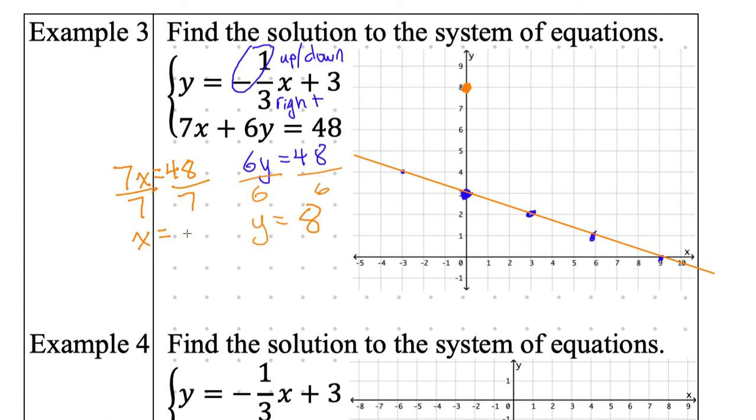Because 7 times 7 is equal to 49, it doesn't go in nicely, so maybe I'll just keep it at 48 sevenths. That's weird. I must have messed up on that problem.